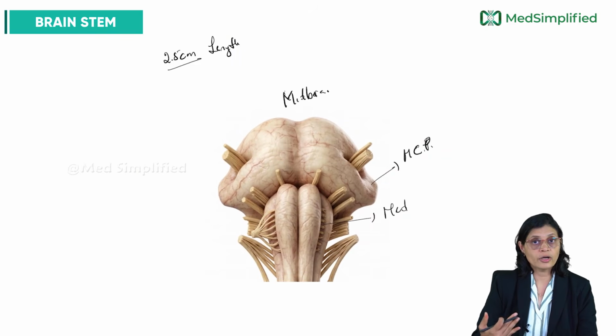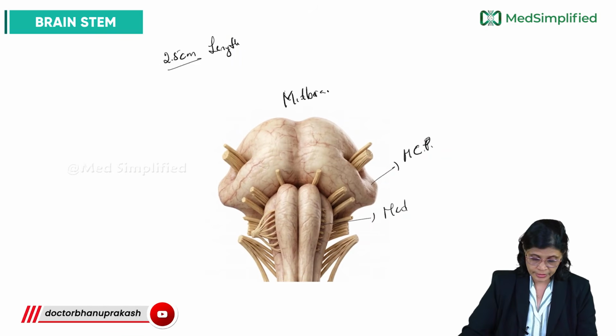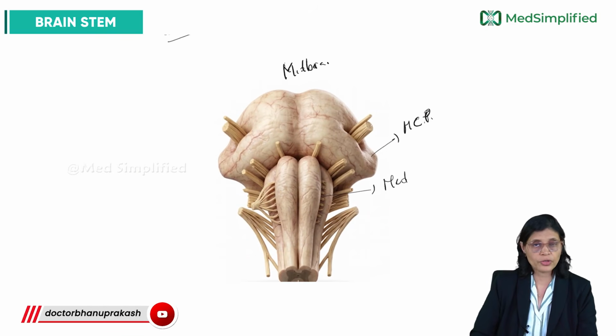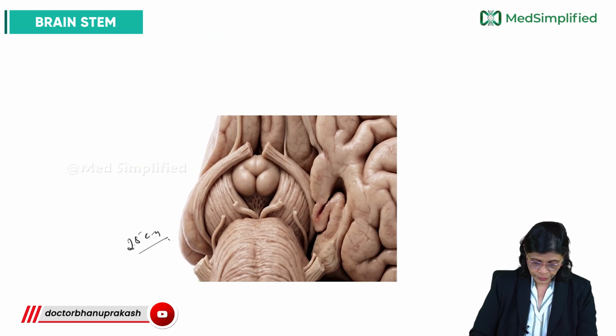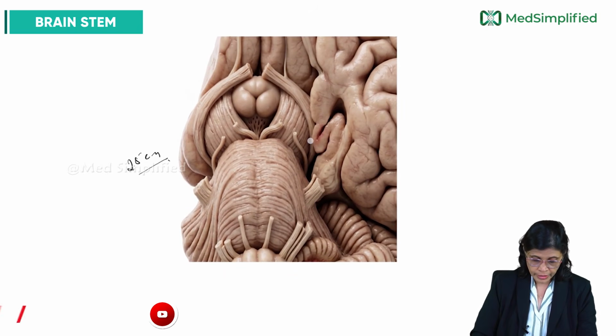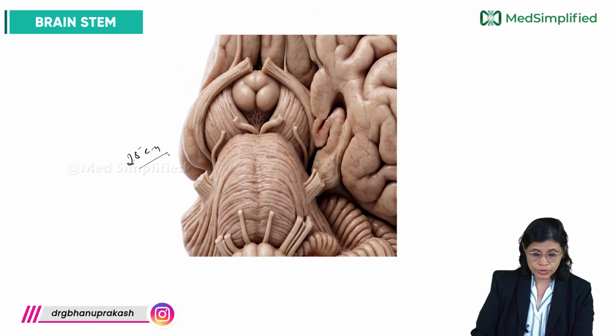The dorsal surface of the pons also forms the upper part of the floor of the fourth ventricle. Now we will see some of the features on its anterior as well as the dorsal part. On the ventral view, when we take a closer look at the pons, this is the ventral surface. It will have two surfaces, the ventral and the dorsal, and a superior and an inferior border.